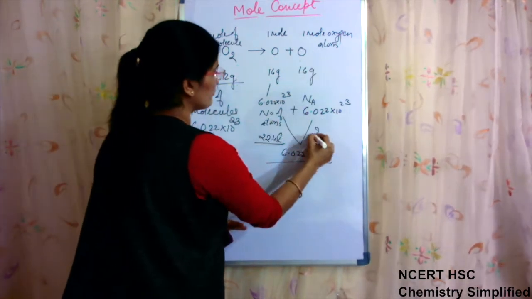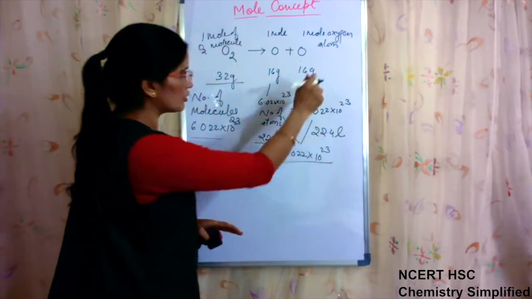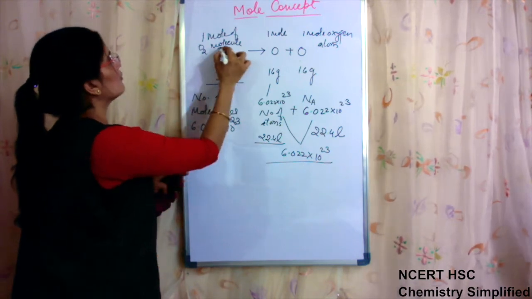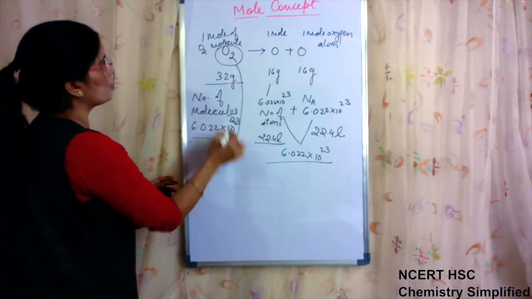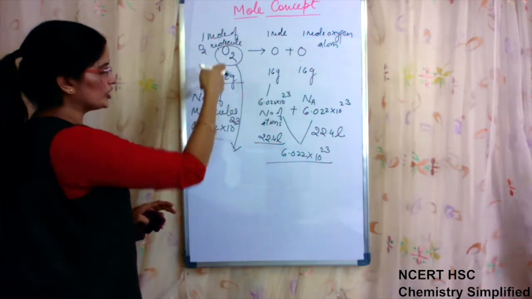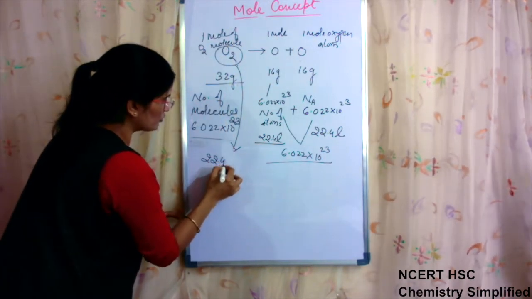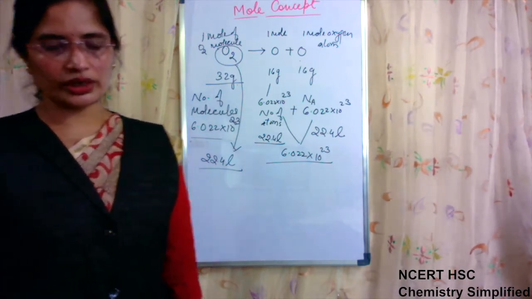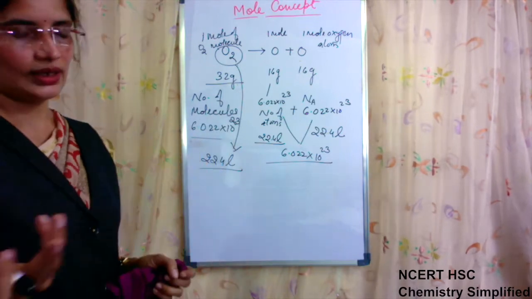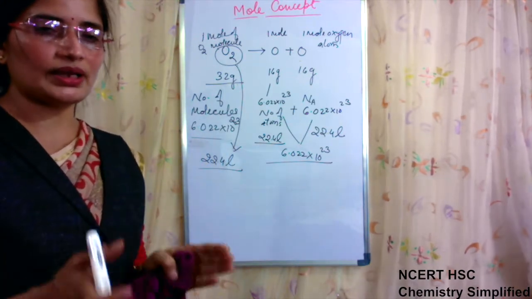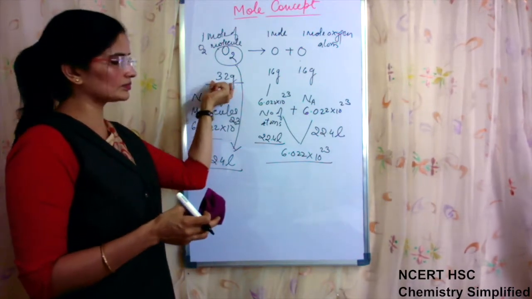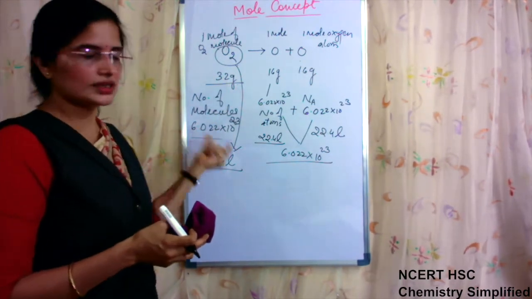But when they combine to form a molecule, the total 1 mole molecule of this gas will occupy 22.4 liters. Because when atoms combine, they are forming a bigger molecule. The number is not doubling, the number is remaining same, the size is increasing. That is why the mass has doubled, but the number has remained same.